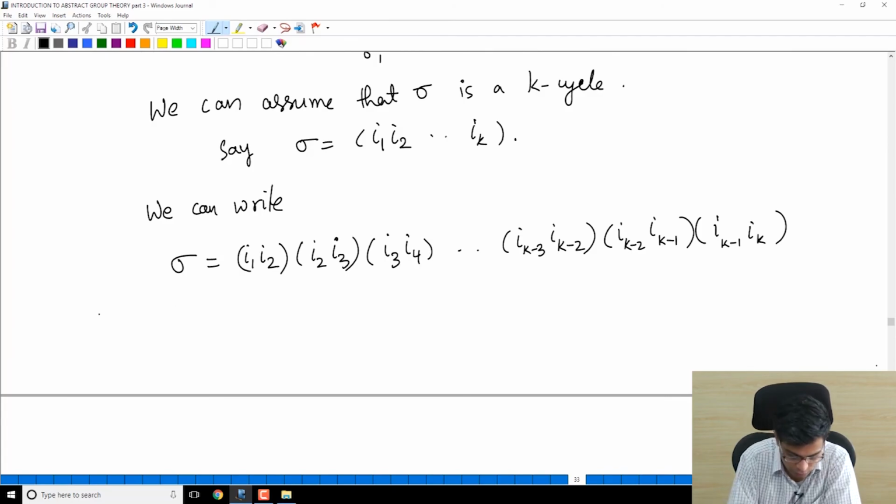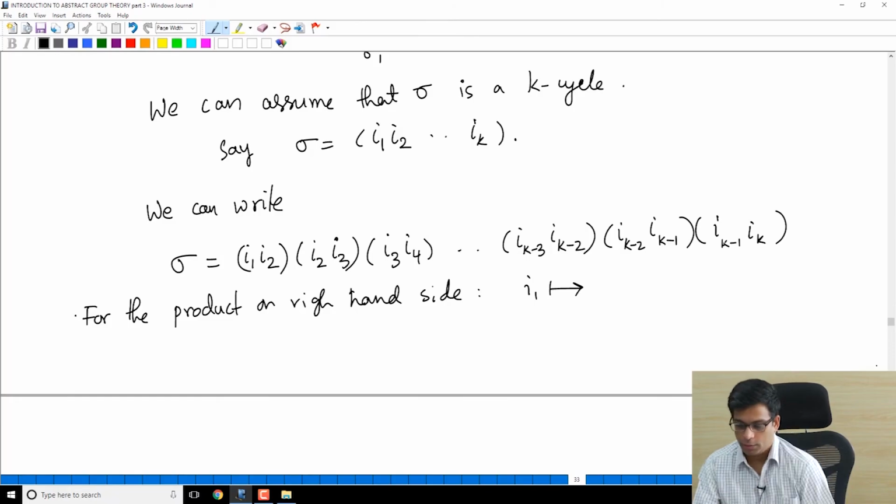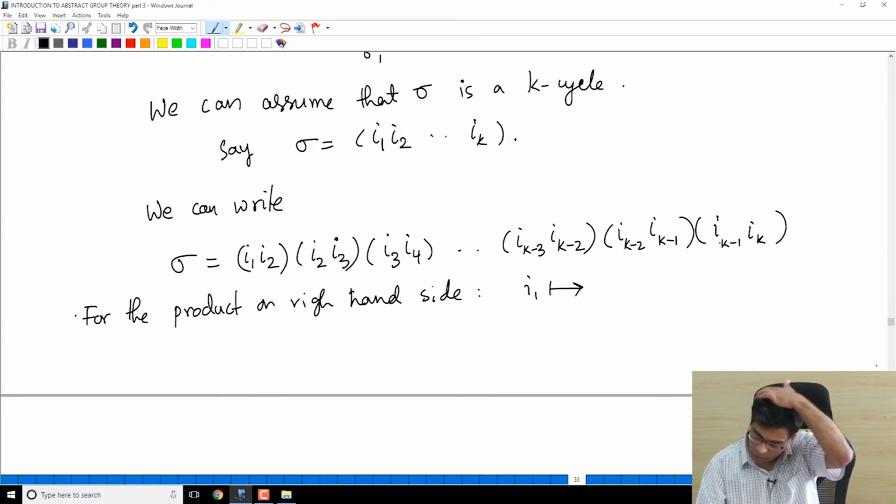Where does i1 go? For the product on the right hand side, remember, to figure out where i1 goes, we have to go from the right and keep applying whenever we see i1.